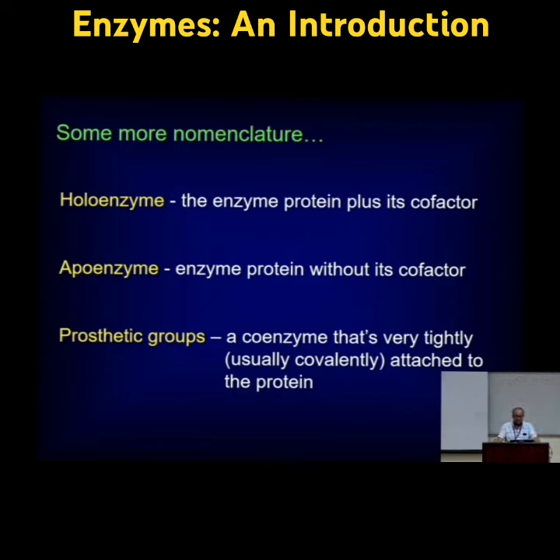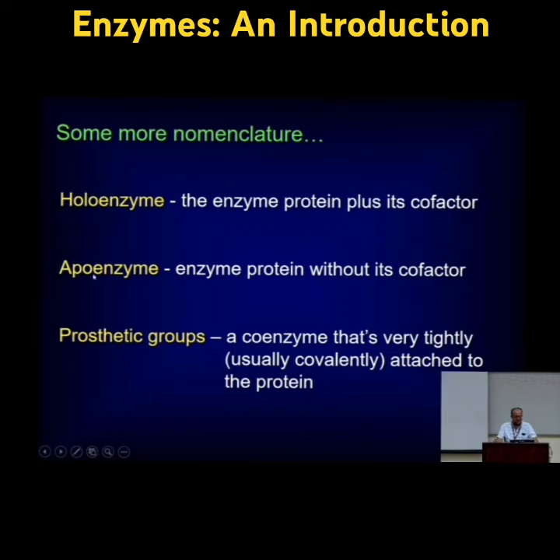If you add to it either a cofactor or a coenzyme, which can also be called prosthetic group, a coenzyme and a prosthetic group are actually synonymous under many conditions. If you add a prosthetic group and or a cofactor to an apoenzyme, you form the holoenzyme, which is the functional enzyme.